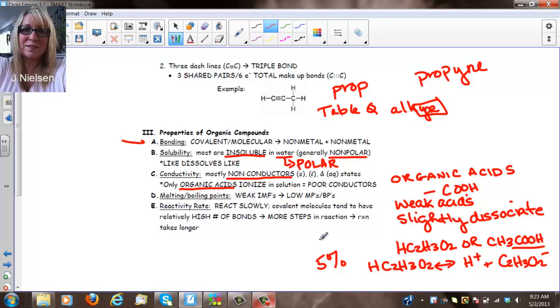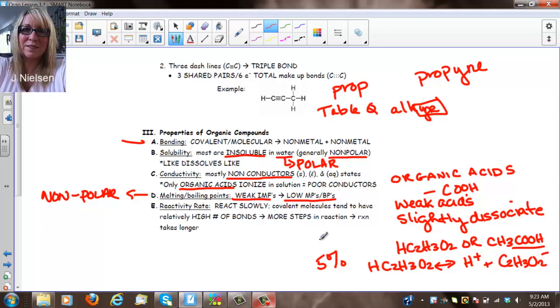Okay, melting and boiling points. Because they're nonpolar, we know that they're going to have weak intermolecular forces. Weaker intermolecular forces means lower melting and boiling point. So this comes from the fact of it being nonpolar, or most of them being nonpolar. And reactivity rate.